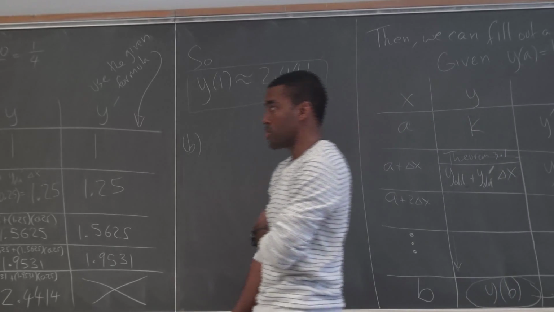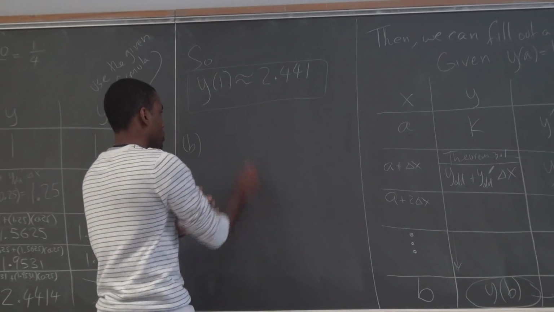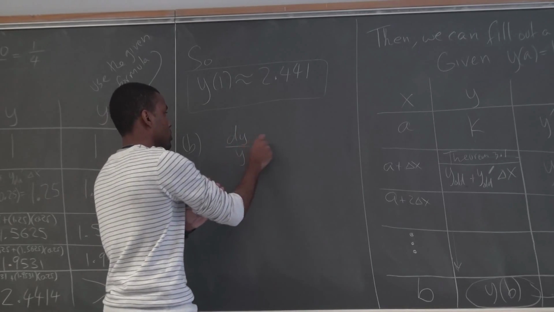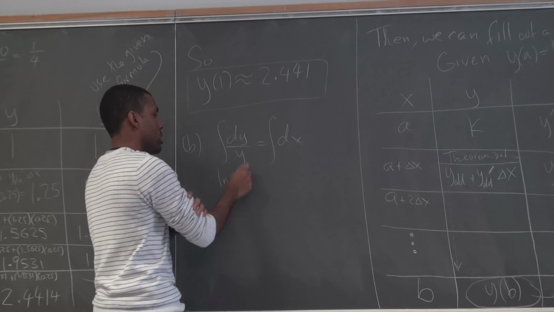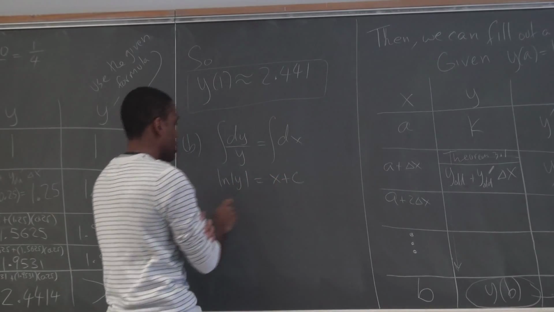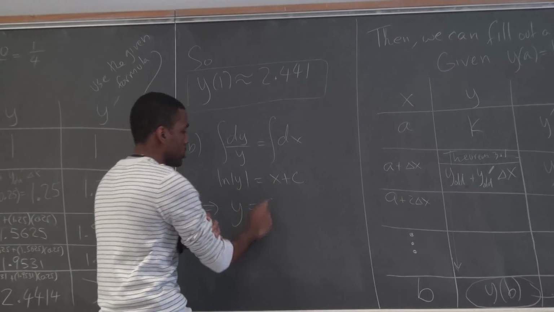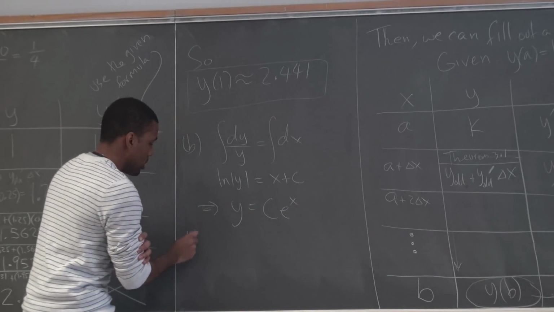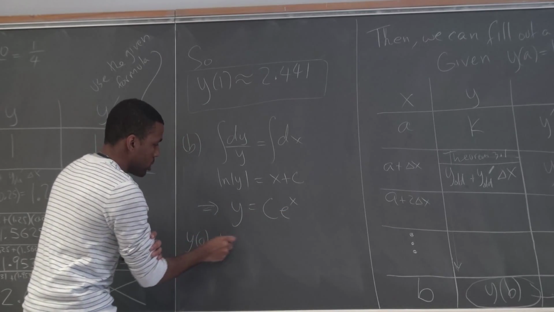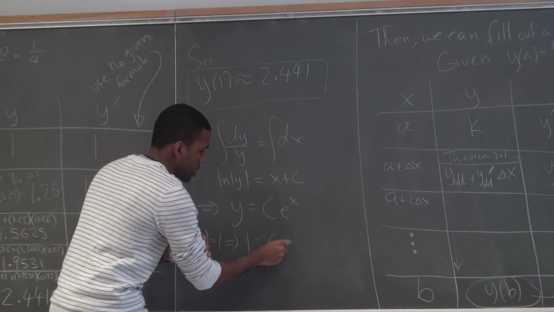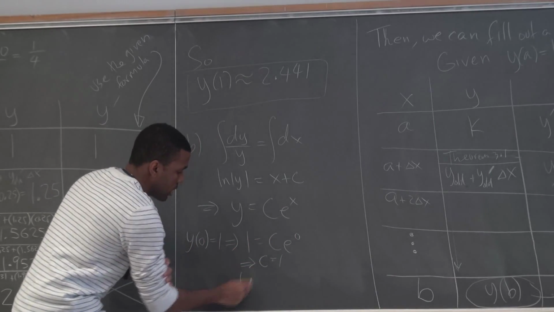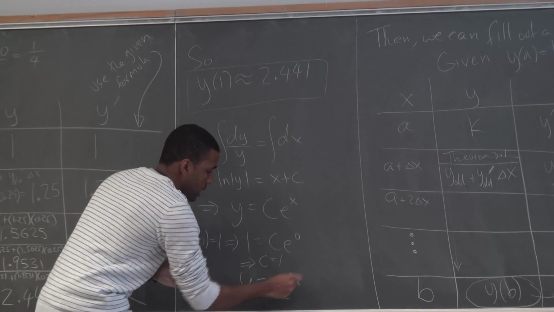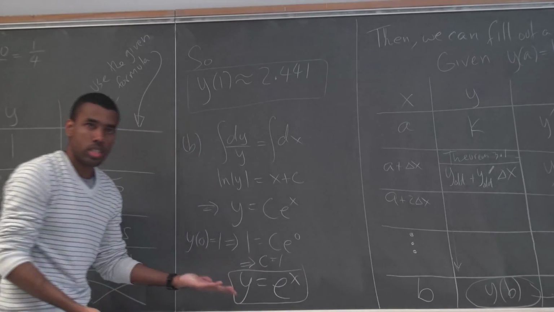How do we separate the variables? dy over y. Integrate both sides. This is ln y equals x plus c. So this means your y is equal to c e to the x. y of 0 equals 1 means 1 is equal to c e to the 0. This means c equals 1. And so your actual function that solves this is e to the x.